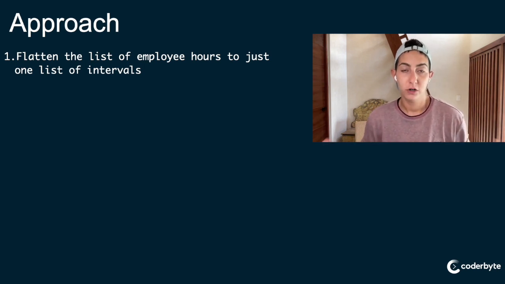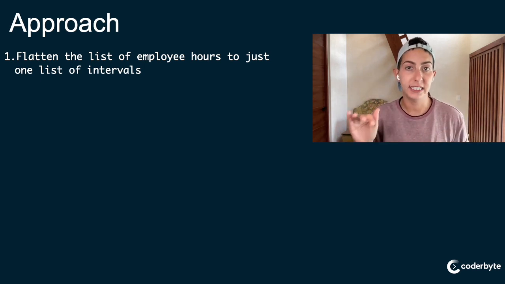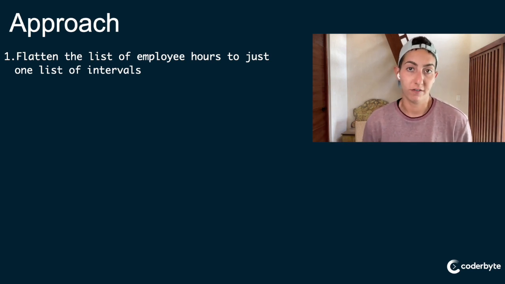So if we flatten those two lists into just one list of general intervals where people are busy and then merge them, we can determine what's the free time for every single employee. Because if one employee isn't free, it doesn't matter that other employees might be free. We're looking for times where all of the employees are free.